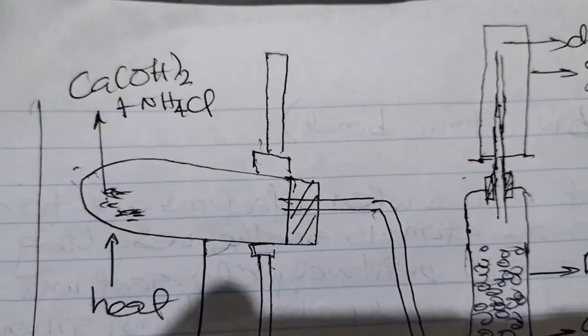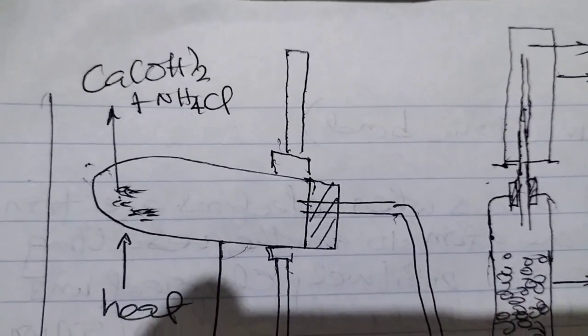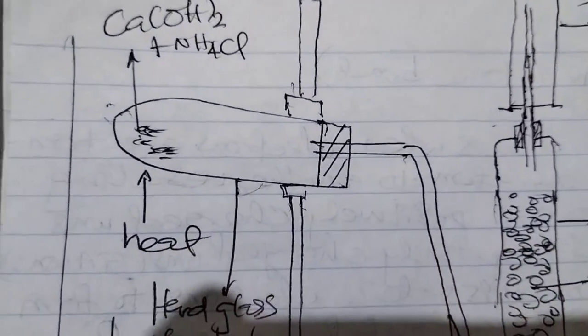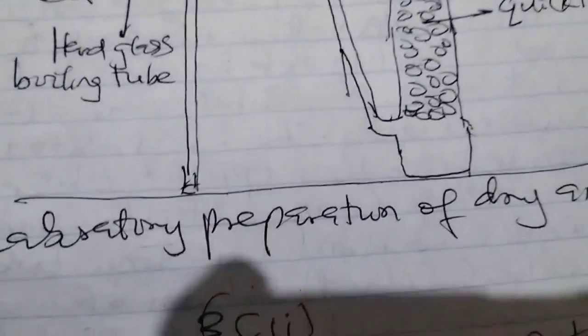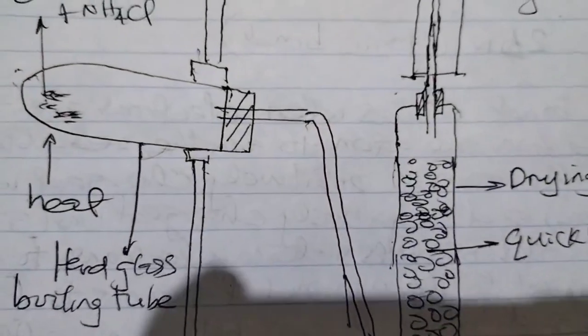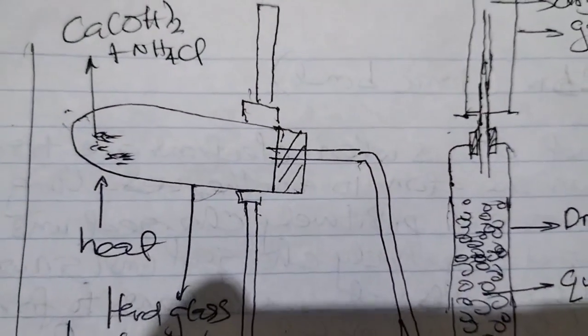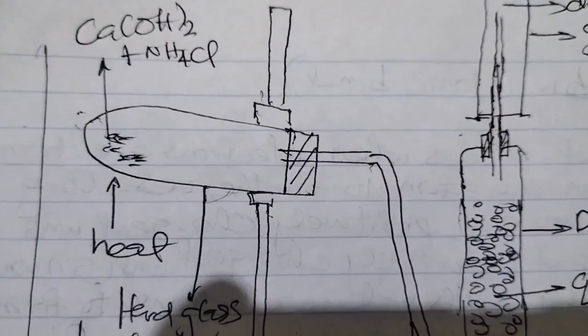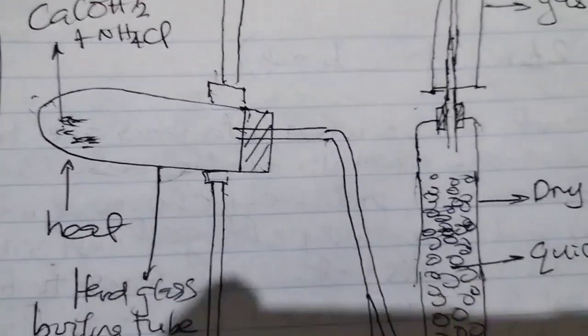Then look at the other one, the reactants, calcium hydroxide and ammonium chloride. The arrow is pointing inside the substances that are shaded inside. Then heat under it. Then we have a retort stand holding the hard glass tube, and the hard glass tube is in a slanting position, sloping downward. It should not be horizontal. Look at the shape of the hard glass tube.